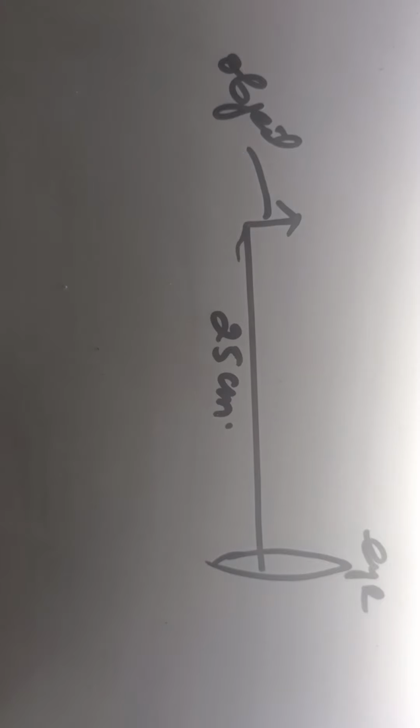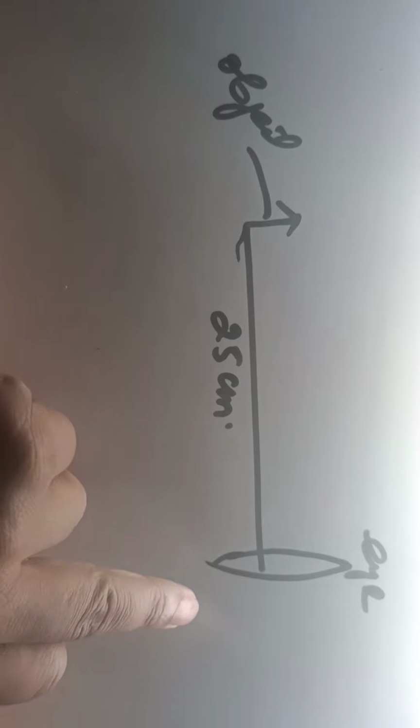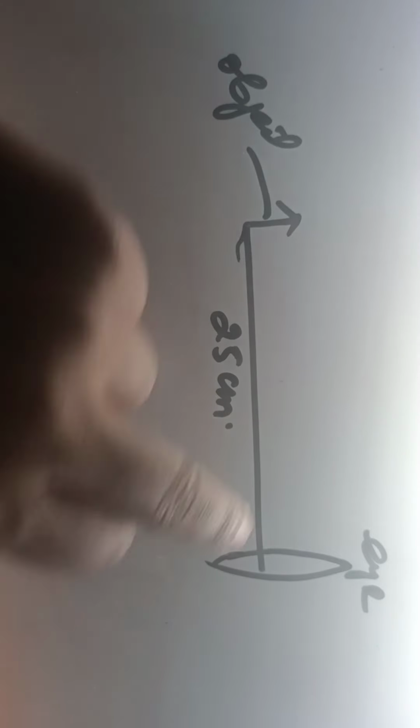The minimum distance at which an object can be seen most distinctly without strain is called the least distance of distinct vision. Let's assume that this is the eye and this is the object.